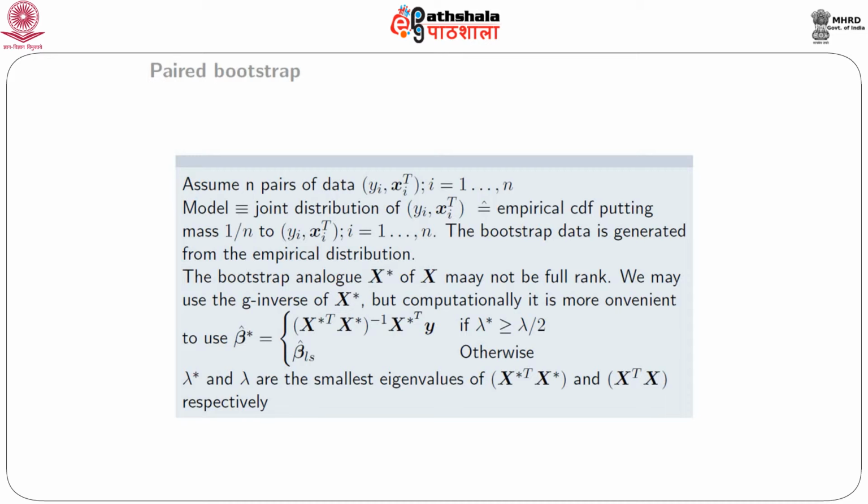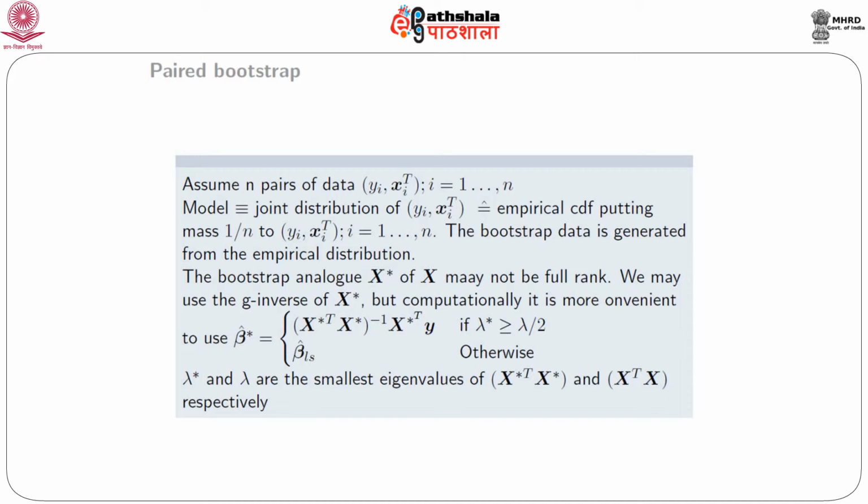But it is more computationally convenient to use the form beta hat star equals (X*^T X*)^-1 X*^T y if lambda star is greater than or equal to lambda by 2. Otherwise, use the normal beta hat least square, that is okay.